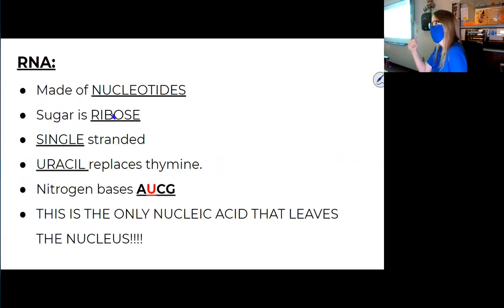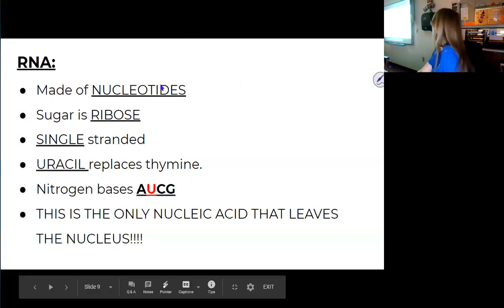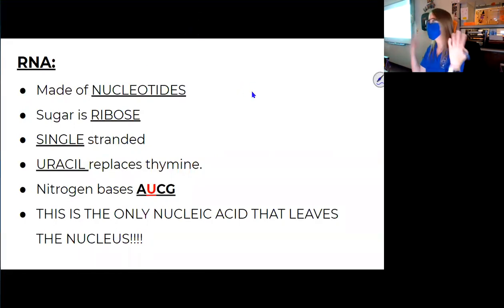So RNA, it's got its own few characteristics. All right, so RNA is similar to DNA. It's made up of nucleotides, same thing, but now its sugar is different. Instead of being deoxyribose, it's actually just ribose. Instead of being double-stranded, it's single-stranded.